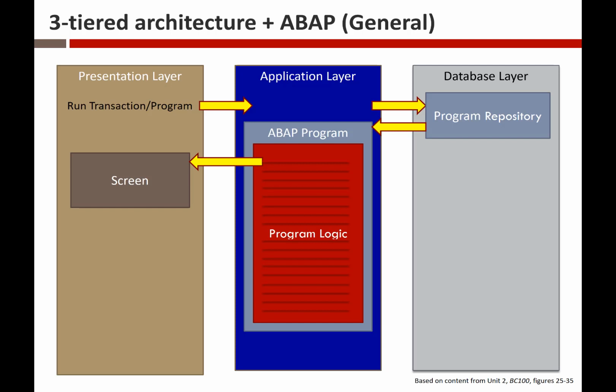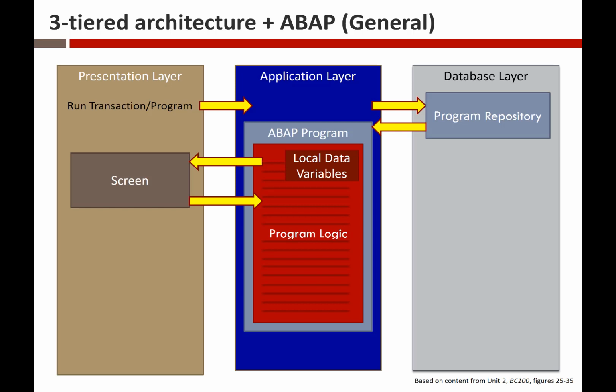So in my example, I think we were talking about price changes. So the program paints a screen on the end user's presentation layer for them to provide new prices. And so the user will hit maybe the save button, maybe the enter button, maybe the execute button, which will result in information being sent back to our ABAP program. And typically, we will capture that data into variables.